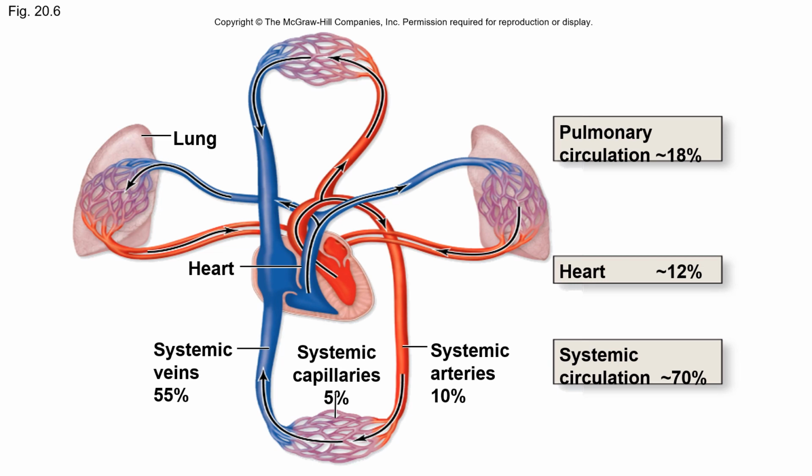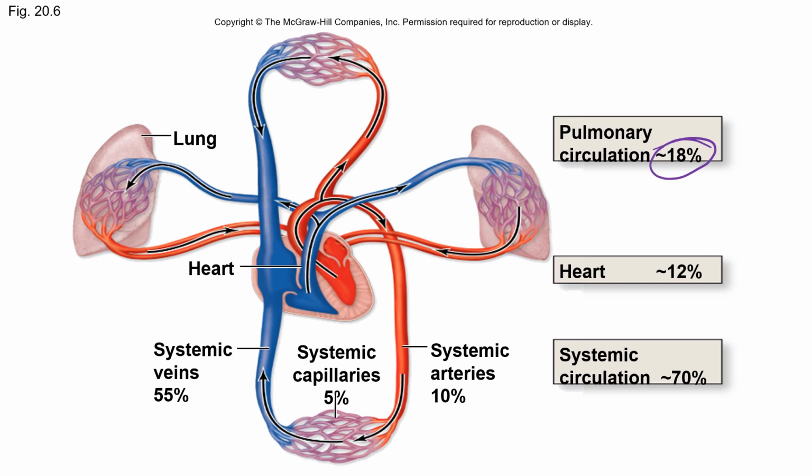The pulmonary circulation holds about 18% of the blood in your body. The heart holds about 12%. The systemic circulation holds about 70% of the blood in your body. A large part of that, this 18%, is the amount of blood circulating through the lungs in essentially one cardiac output cycle.